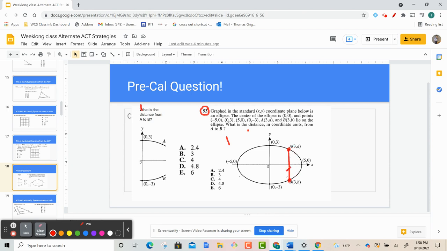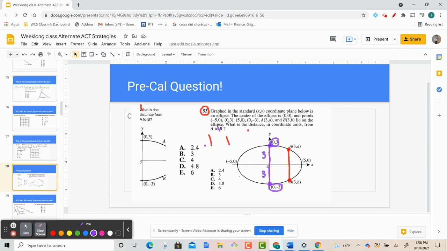So if the purple segment is 6 units, think about how long that red segment might be. Pause the video, make a guess real quick, and I'll tell you what the right answer is. At the very least, you should be able to narrow it down to C or D. Like, 6 isn't the right answer. 3 and 2.4 both appear to be too small.